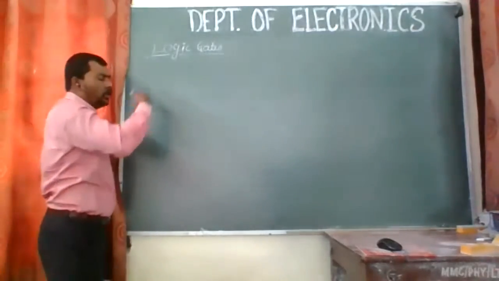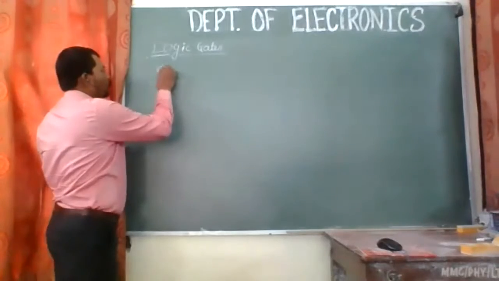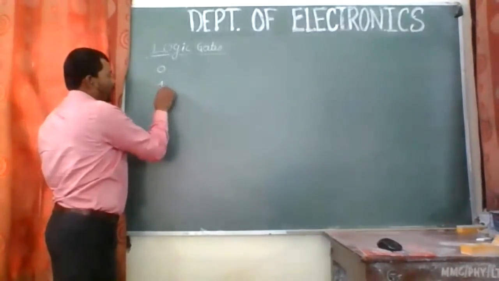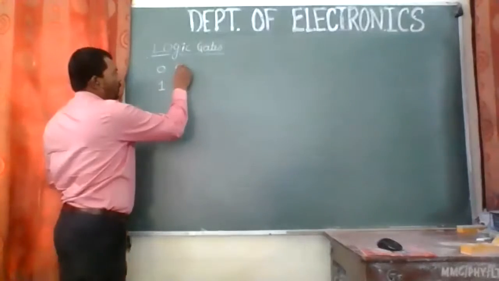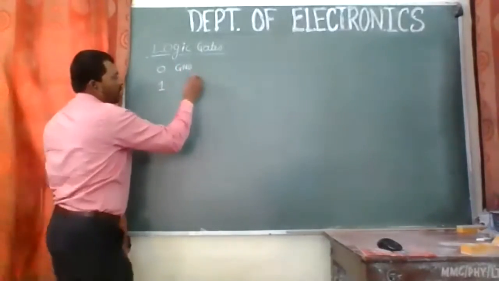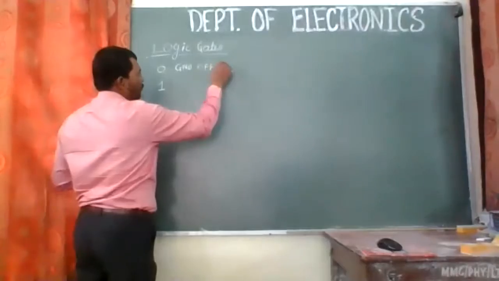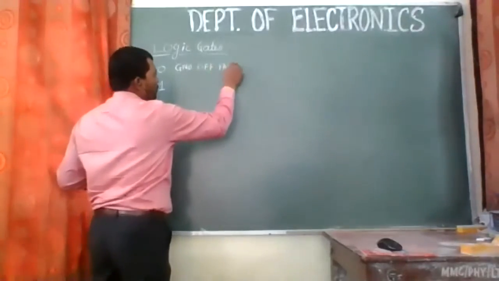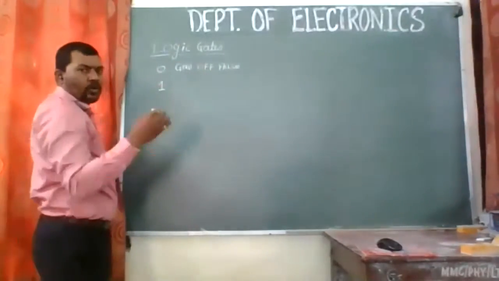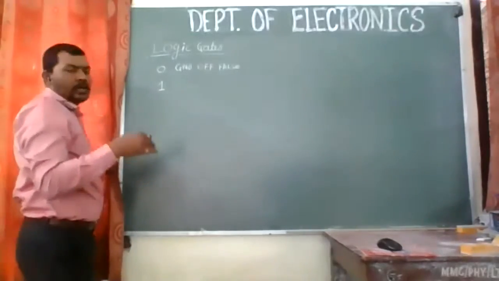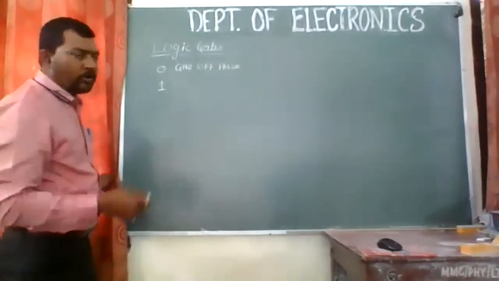Now, the main important thing is what is a zero and what is one. The whole of digital electronics is based on these two terms, zero and one. We call zero ground, or it is known as off, sometimes false, and it has many names likewise: zero, ground, off, false, and LED on or off accordingly.